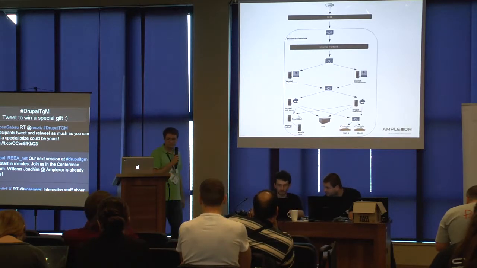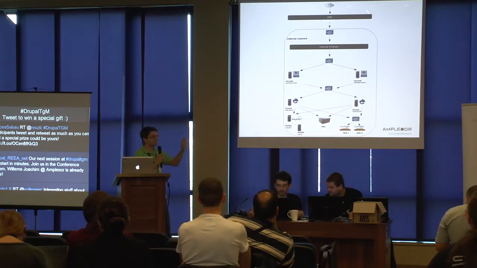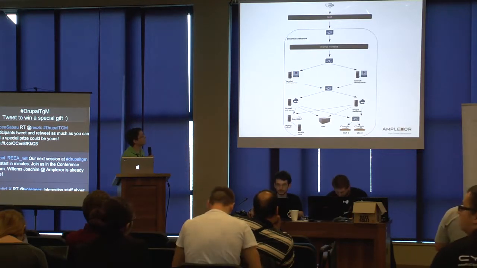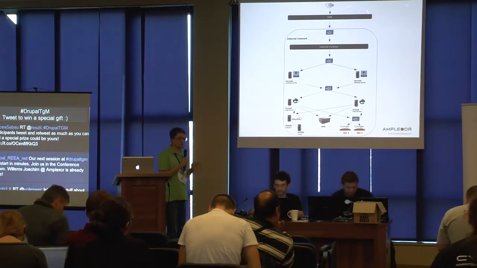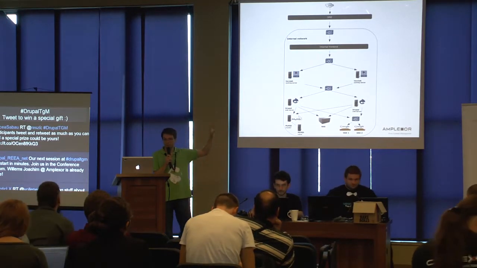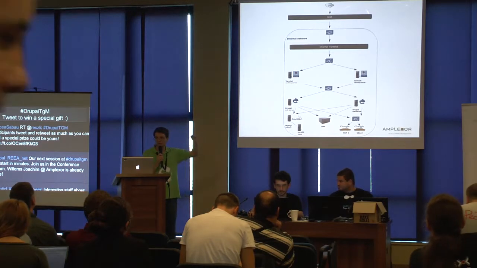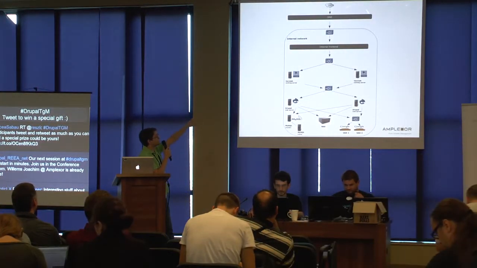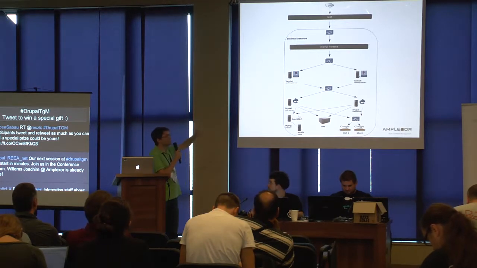This overview is probably not very visible, but it's just a small overview of the architecture we're using there. They have a very complex architecture, and this is only the Drupal part. There is an internal front end with Apaches doing several tasks like load balancing.